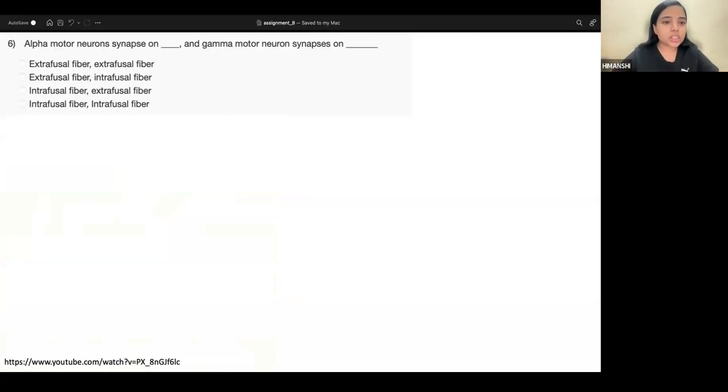So the next question for today is: alpha motor neurons synapse on blank and gamma motor neurons synapse on blank. The options: alpha motor neuron synapses on extrafusal fiber and gamma motor neuron synapses on extrafusal fiber; alpha motor neuron synapses on extrafusal fiber and gamma motor neuron synapses on intrafusal fiber; alpha motor neuron synapses on intrafusal fiber and gamma motor neuron synapses on extrafusal fiber; and last, alpha motor neuron synapses on intrafusal fiber and gamma motor neuron synapses on intrafusal fiber.